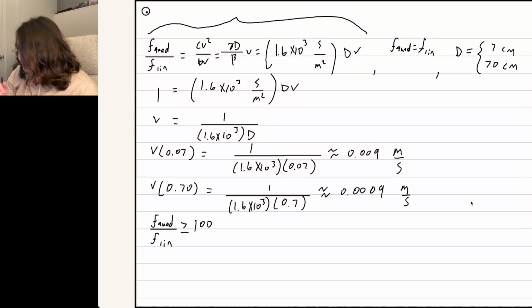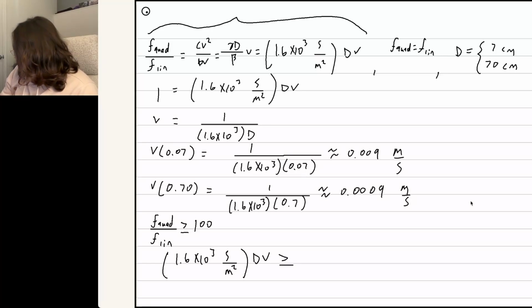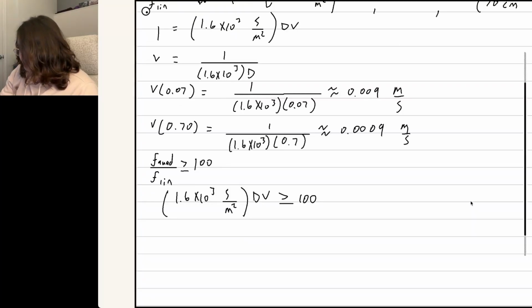So putting that into the equation, 1.6 times 10 to the 3 seconds per meter squared times dv should be greater than or equal to 100, and then solve for the velocity.